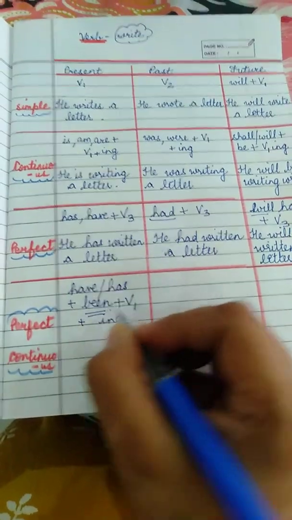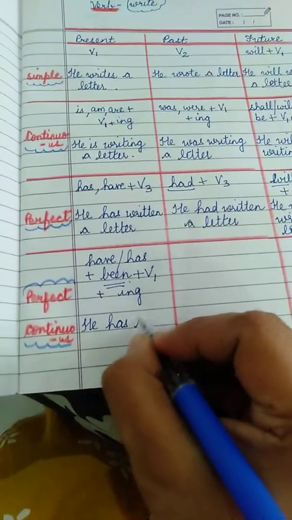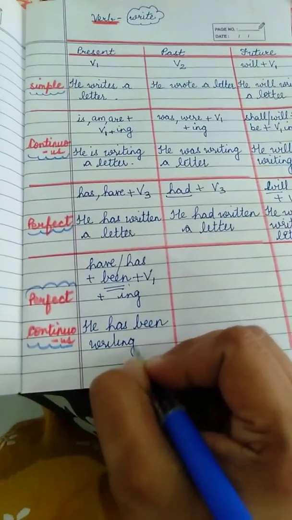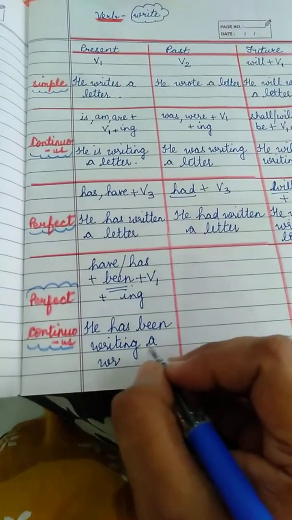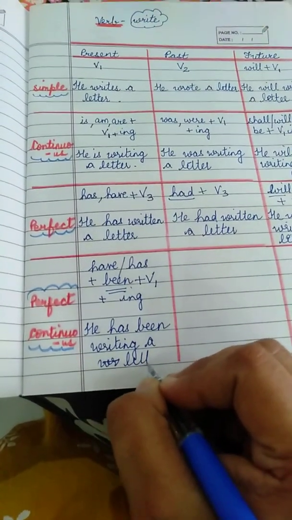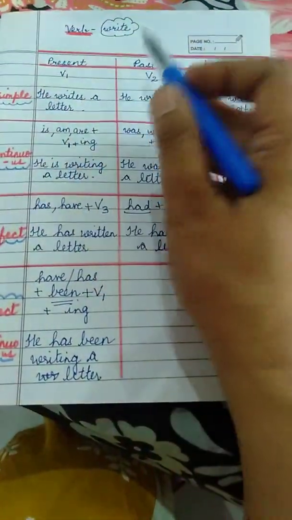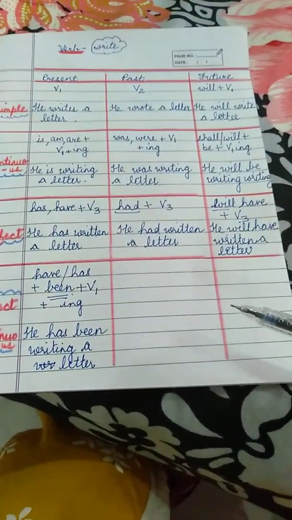Keep in mind, this is going to be, he has been writing a letter. He has been writing a letter. And keep in mind, now you're writing by seeing, and then later on change the verb. Make it into the verb eat and try to make sentences of your own.